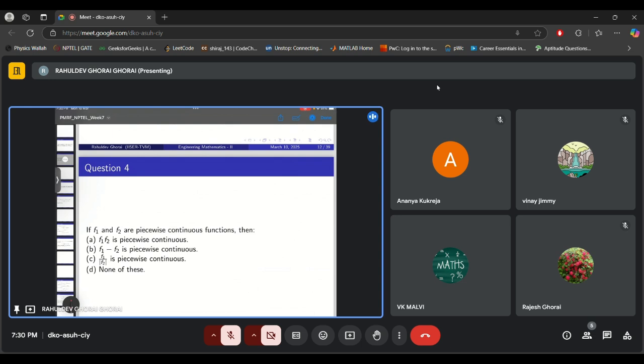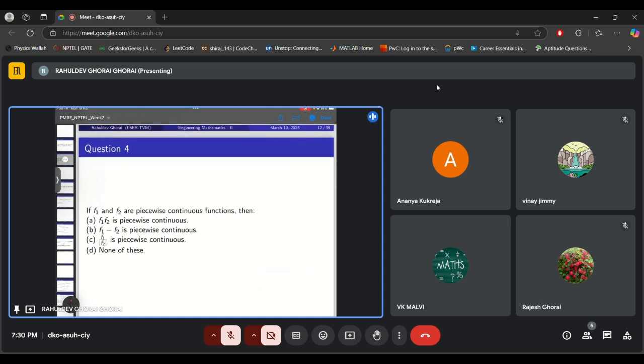So if f1, f2 are piecewise continuous functions, can you show whether these statements are correct or not? What about f1 and f2 being piecewise continuous? Can you show that the product of those two functions will also be piecewise continuous?